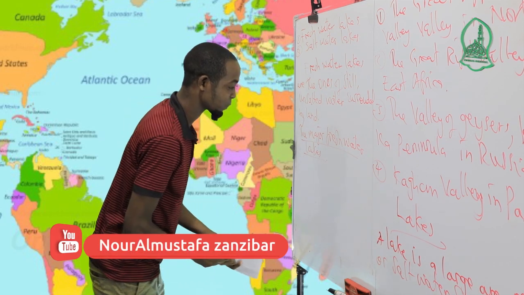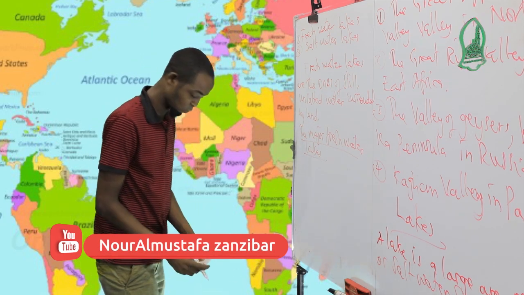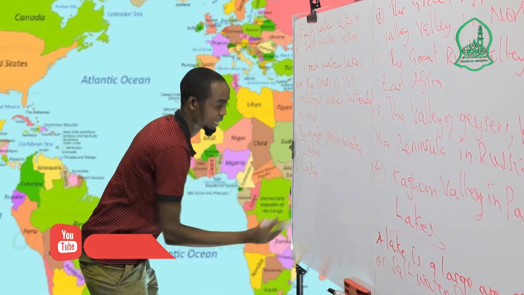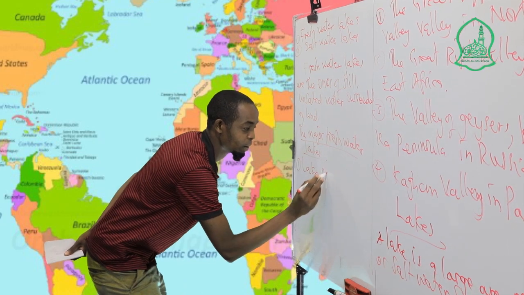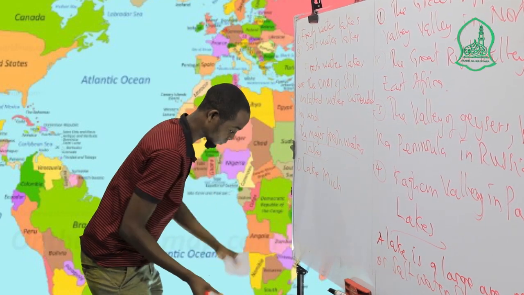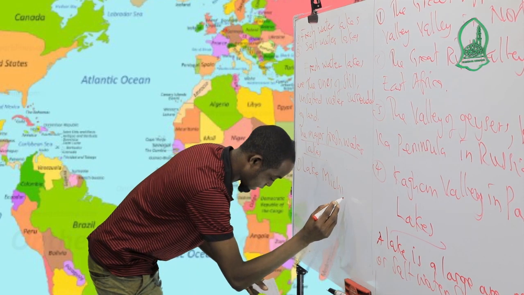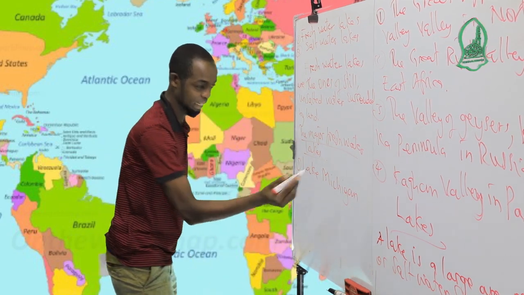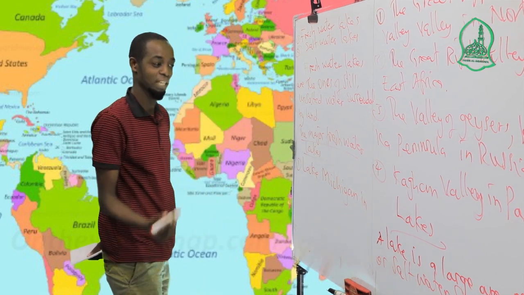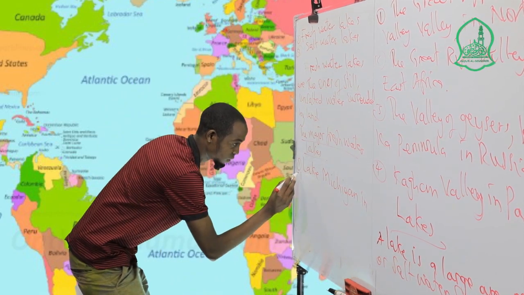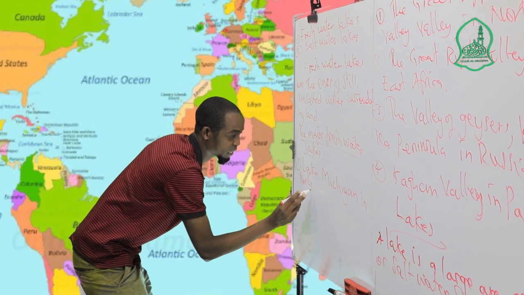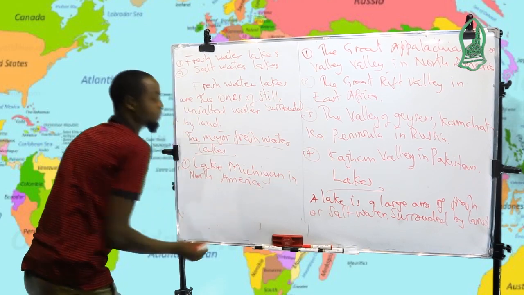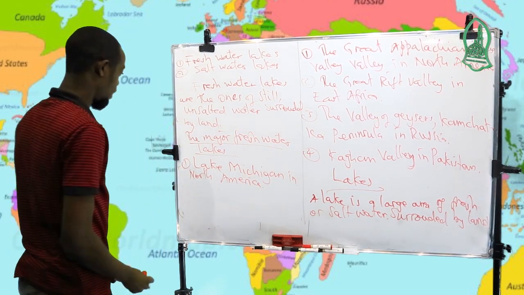The first major freshwater lake is Lake Michigan. You can find this in North America.